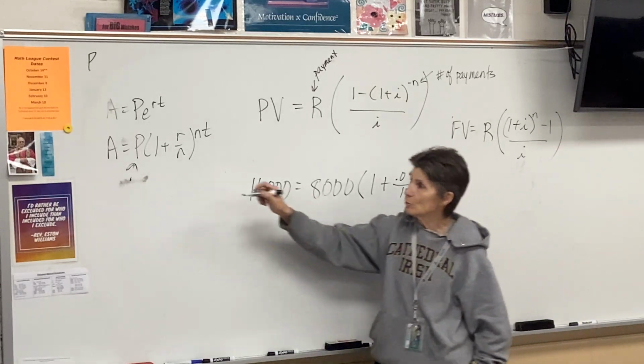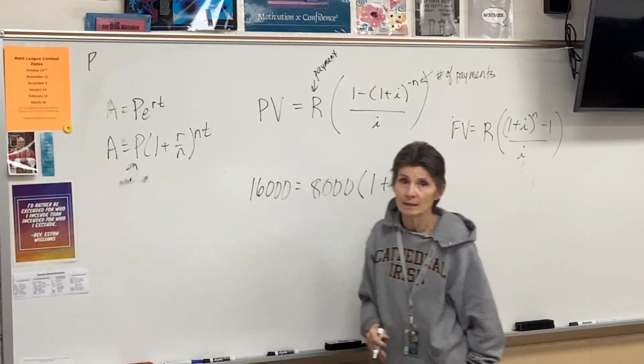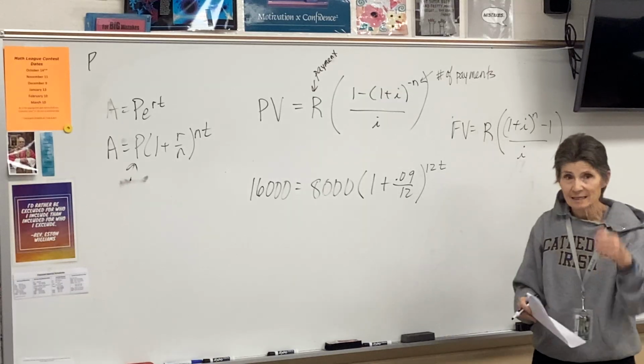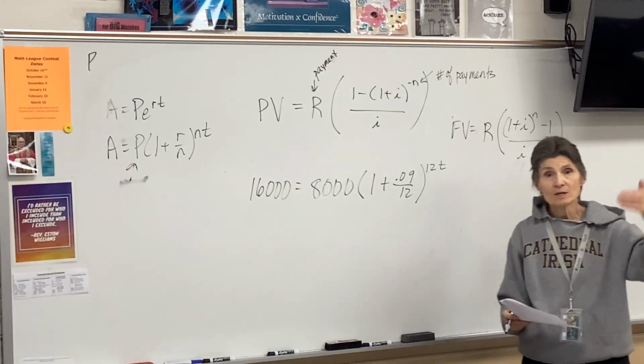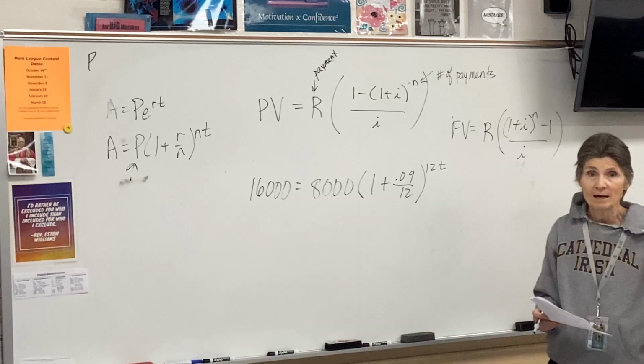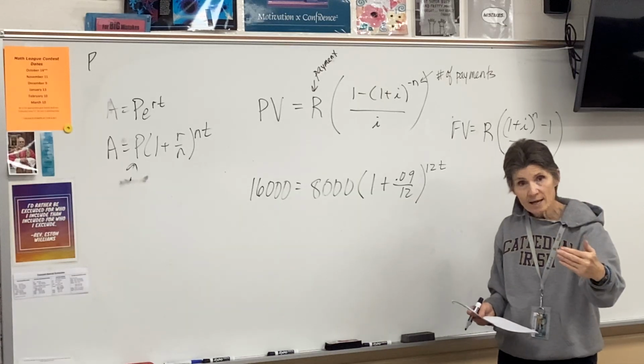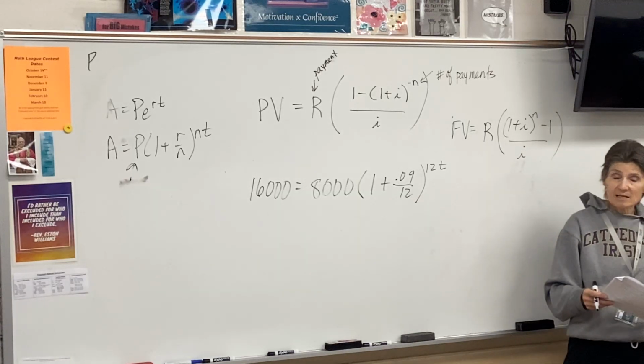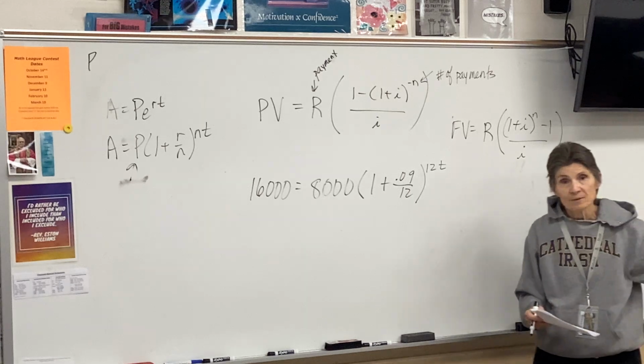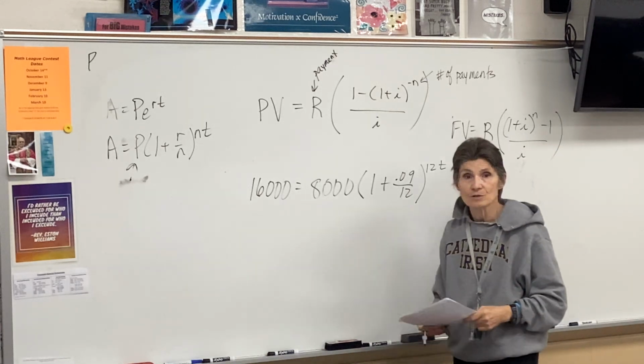So again, we're using one of yesterday's formulas because Joelle is not going down to the bank every month and giving them money. She walked in one day and she's going to come back at some point years later and have $16,000 in the account.